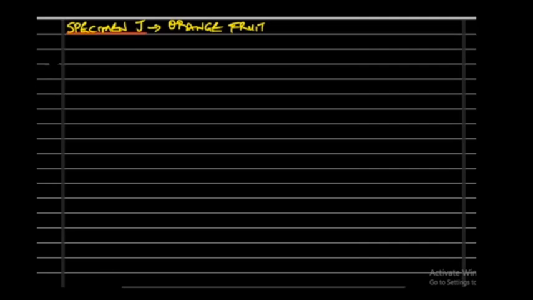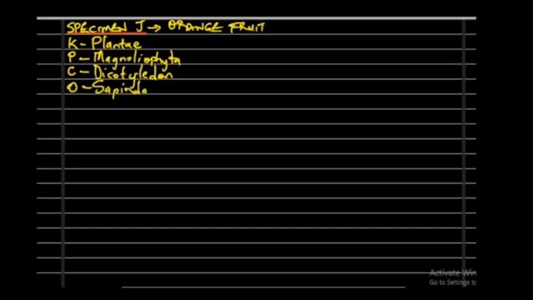Classifying orange fruit, the kingdom, it belongs to the Plantae. Phylum, it is Magnoliophyta. The class, it is a dicotyledon. The order, it is Sapindales.